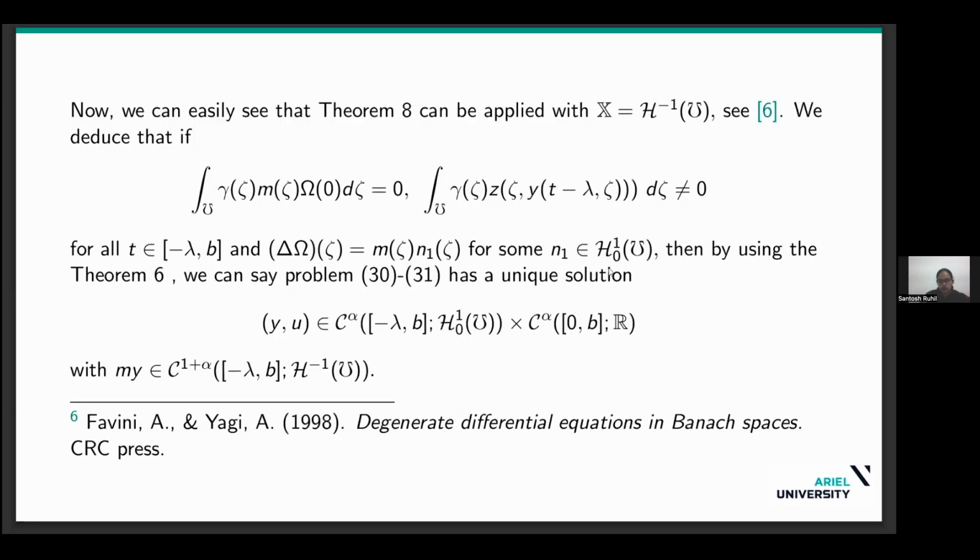So by using those approaches or the conditions that we have already discussed in the results, we can easily find the solution. From here we can see that all the conditions of Theorem 8 can be applied. And if we have these conditions, then our problem 30.31, that was our partial differential model, has a unique solution which is given by this pair.